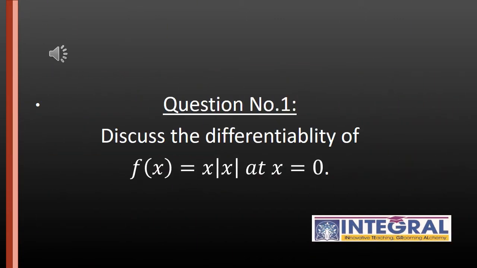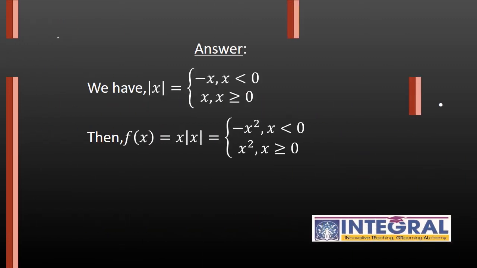Now consider this question. Discuss the differentiability of f of x equals x into modulus x at x equals 0. To answer this question, first of all, you remember modulus x. We know that modulus x is minus x for x less than 0, and that's equal to x for x greater than or equal to 0.